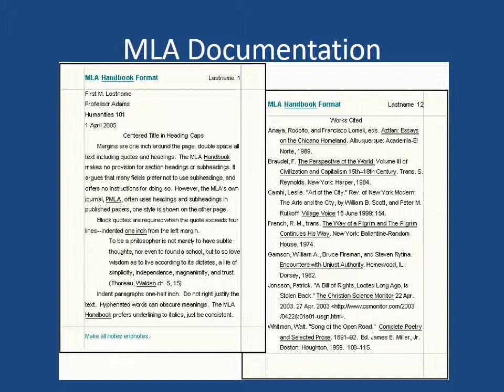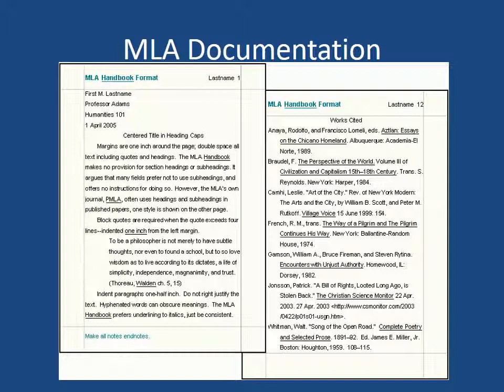MLA documentation. This is my major concern for the 2 research papers which are required in this course. They must be formatted in the MLA documentation form. It is the simplest form of documentation, and it is the only one that I will accept in this course. There are other methods of documentation for other genres. We do not use them in the English department. So you need to be familiar with MLA documentation.